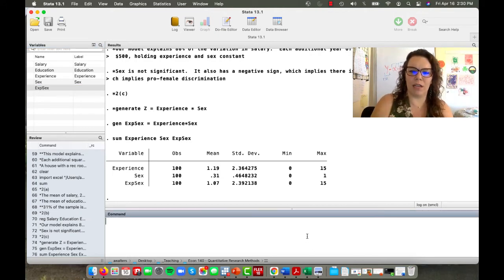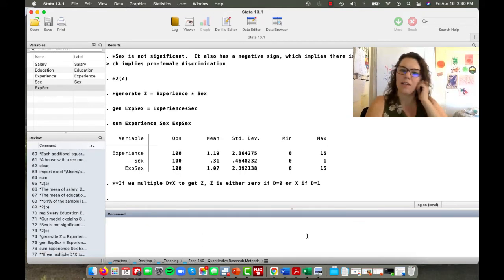Let's write it in here: if D is 1, then Z is X. If D is 0, then Z is 0. Hopefully that makes sense. If you still have questions about that, please let me know, because this is an important part of this.